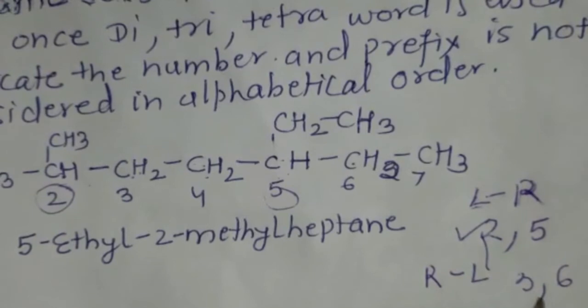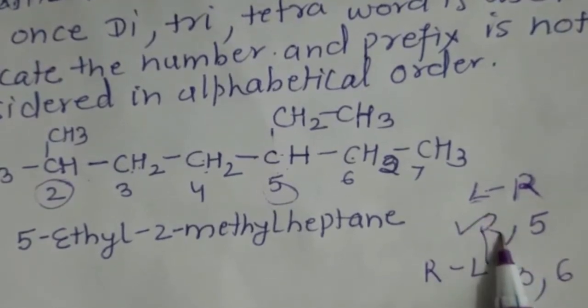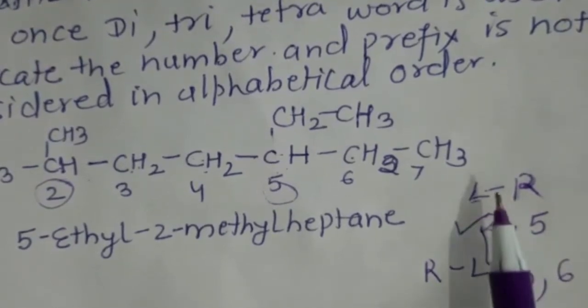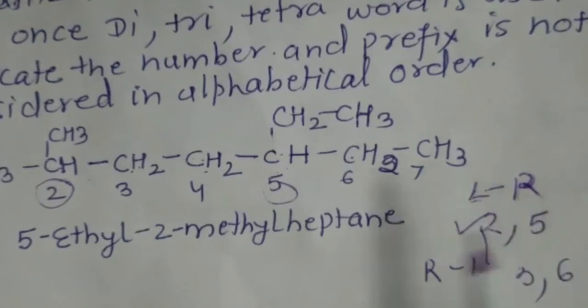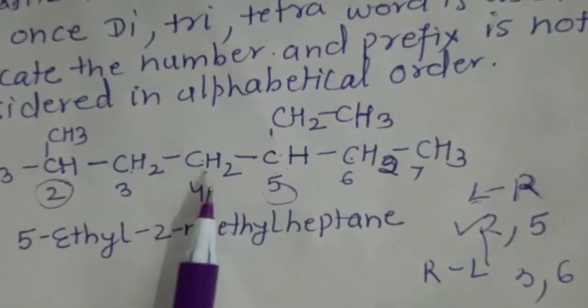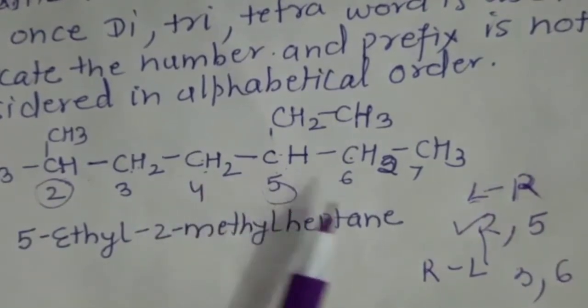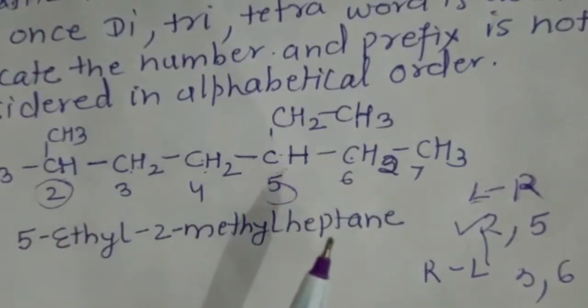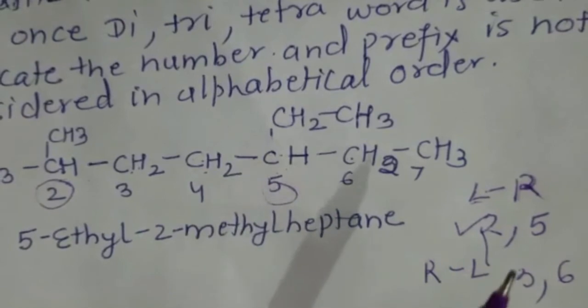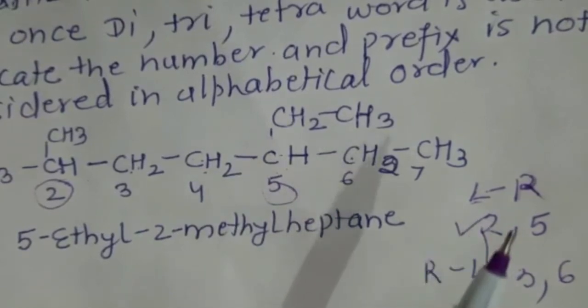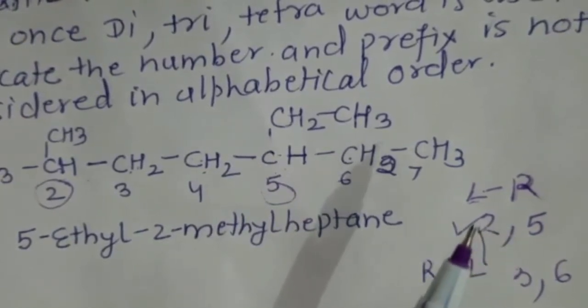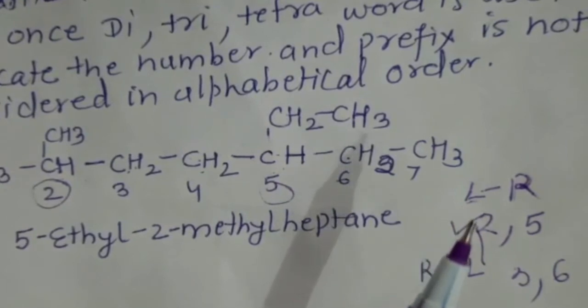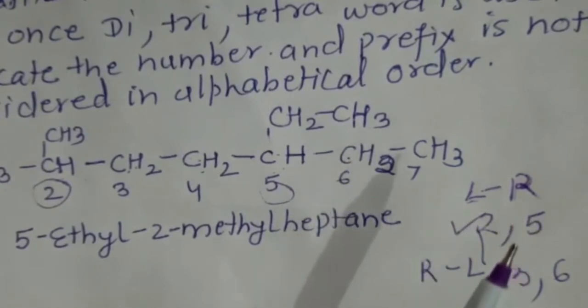And the first point of difference indicates that the preferred order of the numbering should be done from left to right. In this case, the lowest locant rule decides the preferred order of the numbering. So we should not bother about the alphabetical order. Alphabetical order comes after, when the lowest locant rule does not decide whether we have to number the carbon atom from left to right or right to left.